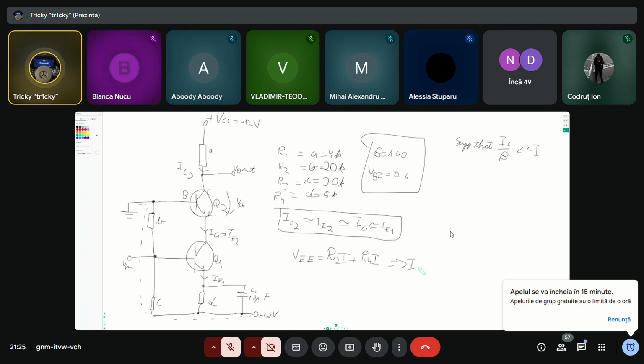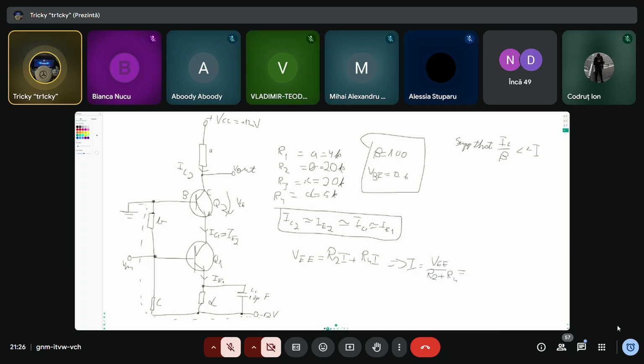I is equal to VEE divided by R2 plus R4, and this is going to be equal to minus 12 volts divided by R2, which is 20, plus R4.